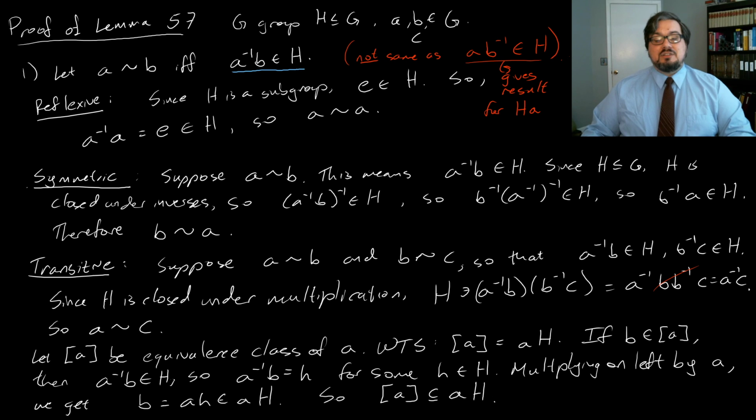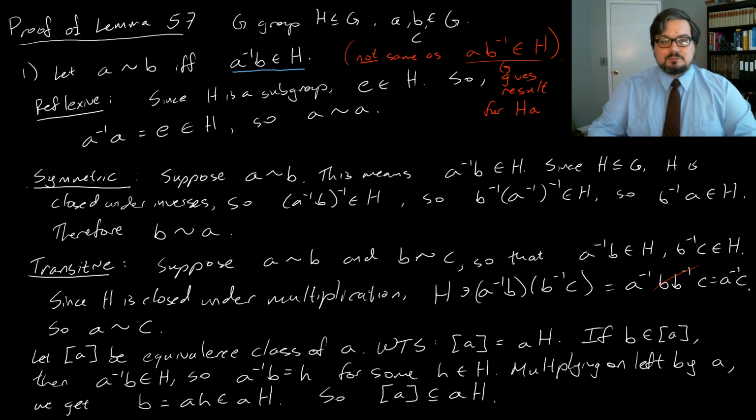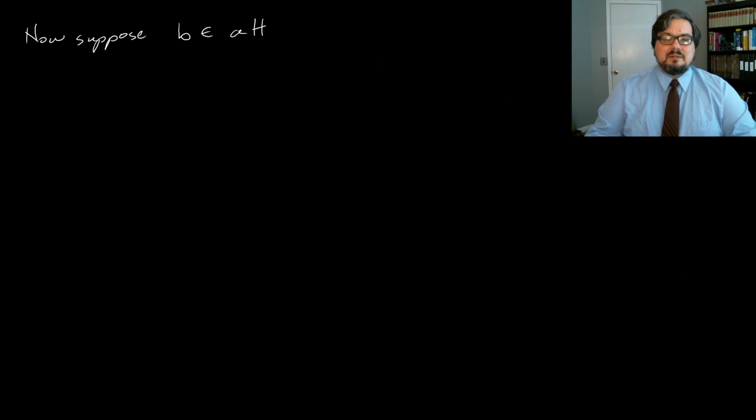I'm going to get a new page for the other half. So now, suppose that B belongs to the left coset AH.